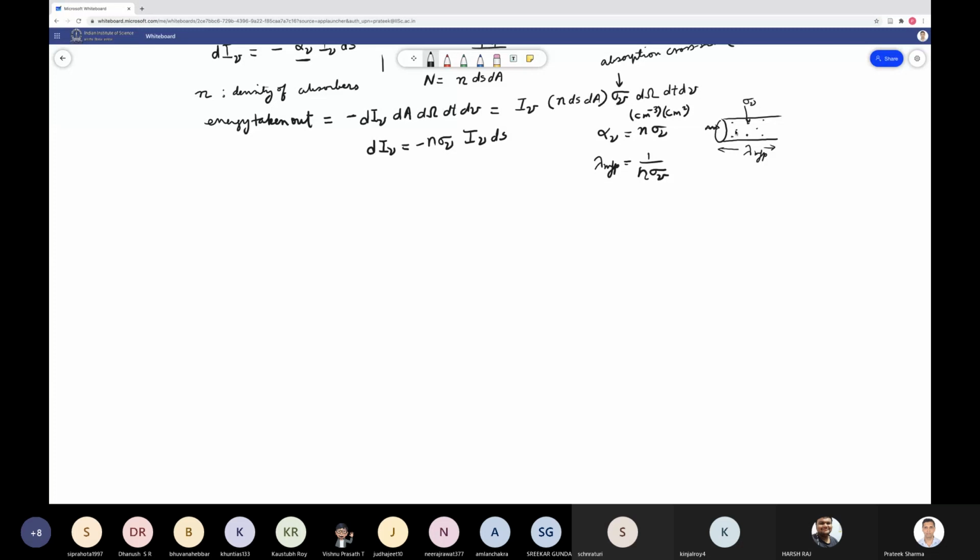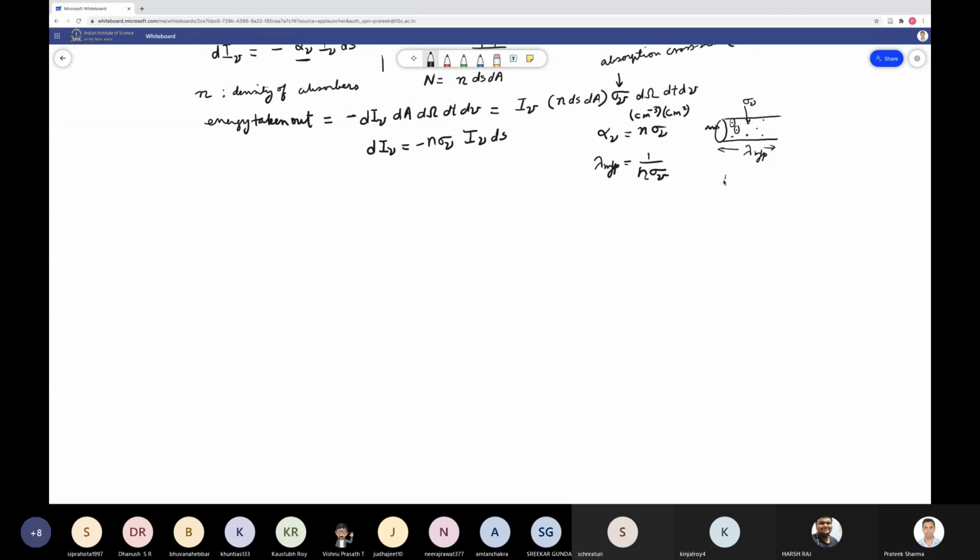You can think of sigma nu as the cross-section area of all these particles, so the length over which the projected areas add up to unity is what the mean free path is.